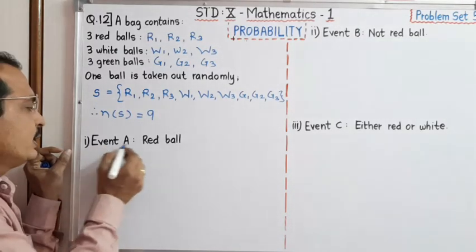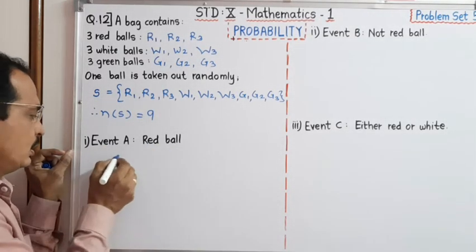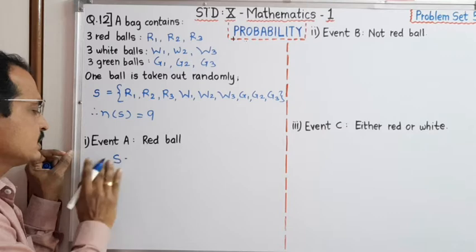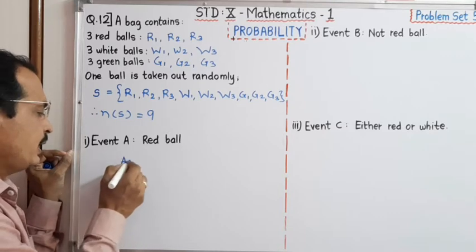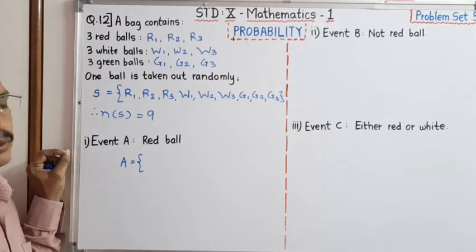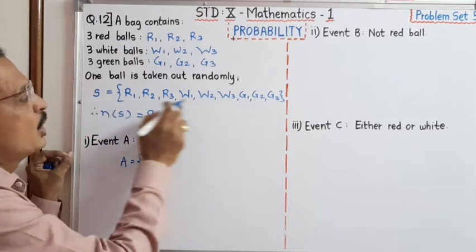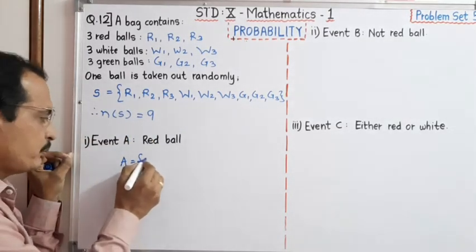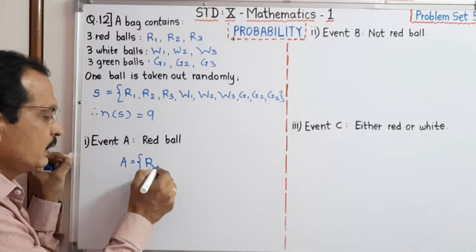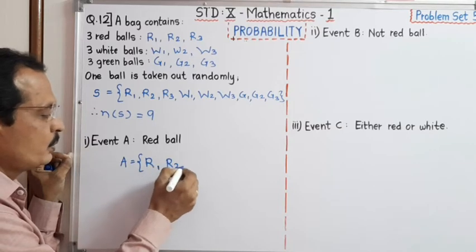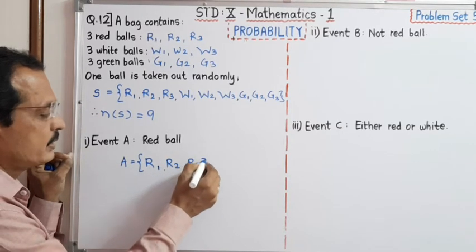Now, event A is a red ball. For the red ball, we have to choose the red ball from this. How many red balls are there? There may be R1, there may be R2 and there may be R3.